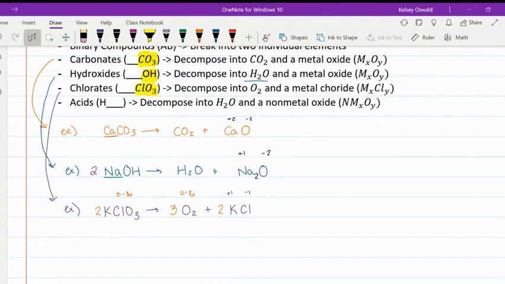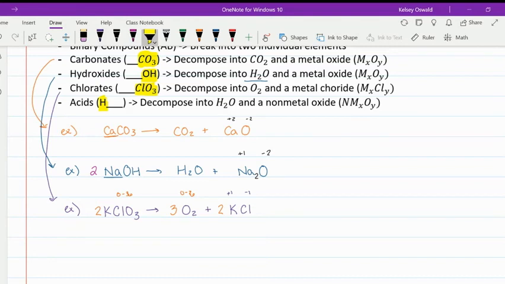Okay. So then my last one that we're going to look at is acids. And we haven't talked about acids much, but the way to recognize an acid is you have this hydrogen in front. Okay, so if you see a hydrogen in front of an element, that's going to tell you that you are an acid.